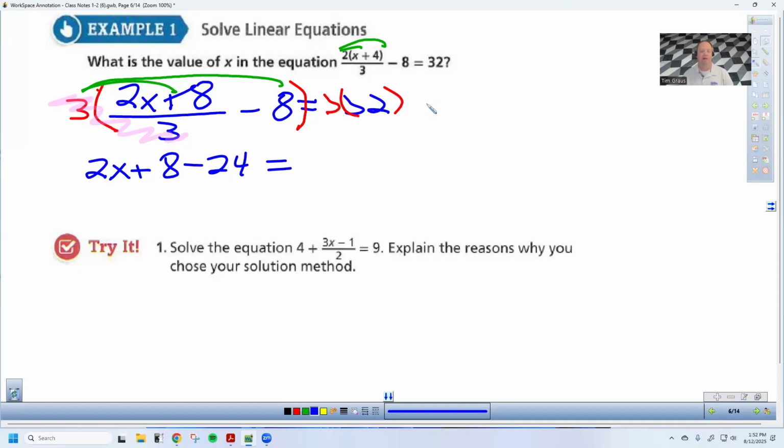On this side, I multiply the 3 times the 32, and it gives me 96. So I now have an equation that doesn't have fractions, which I'd much prefer to the equation that originally did have a fraction. Let's see where we are on the equation solving flowchart.